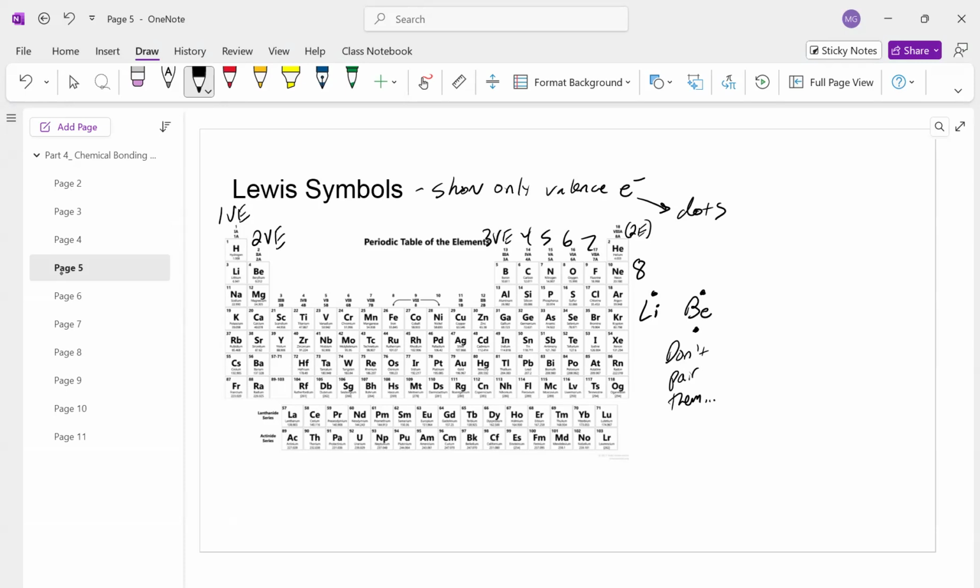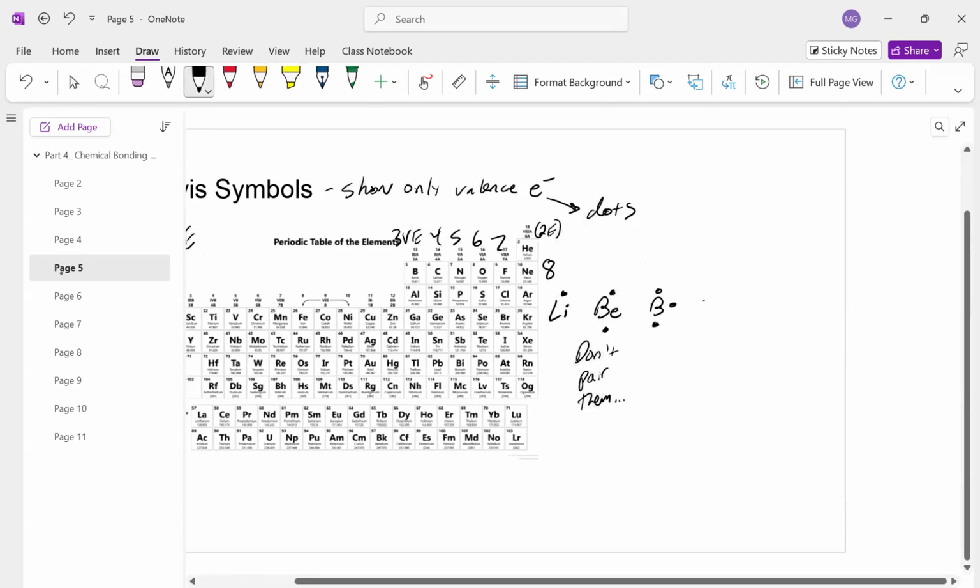And this goes back to electron configuration. Pairing up electrons results in less stability because they are closer together. So we want to avoid pairing them up until we have to. So let's go over to boron. Boron has three valence electrons, so we show three dots. And then carbon has four.